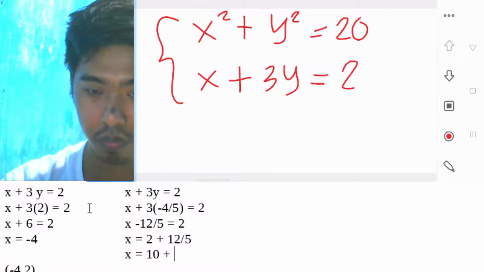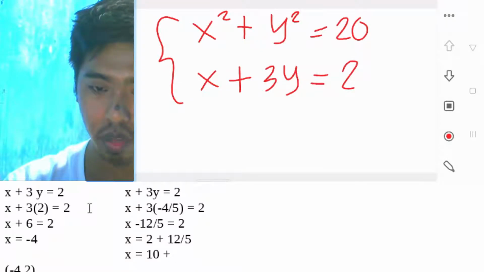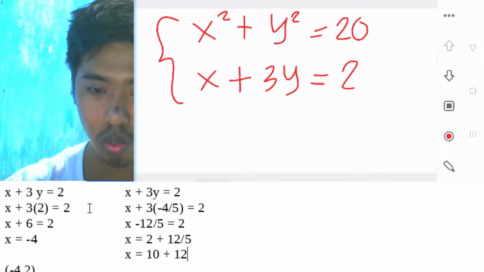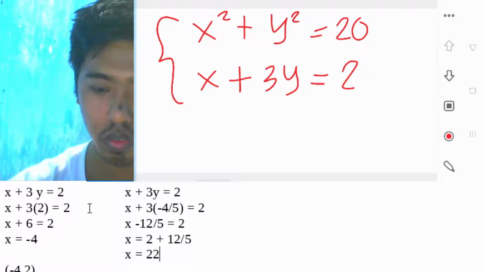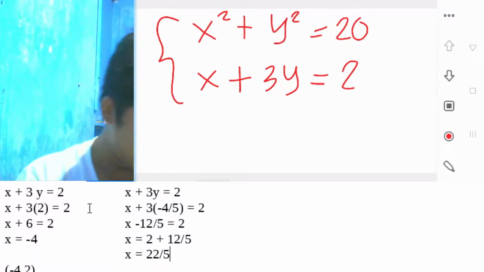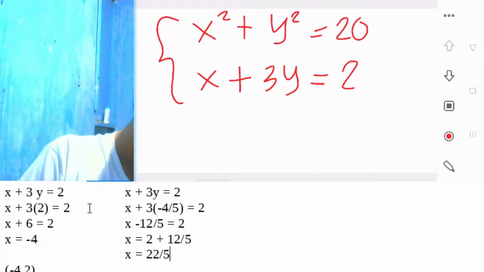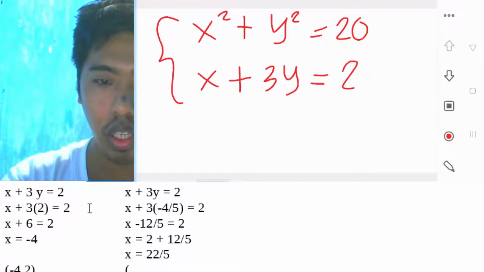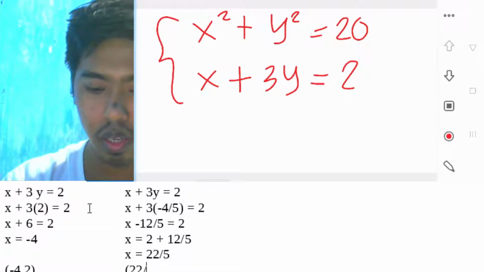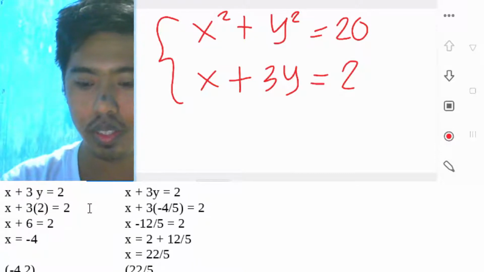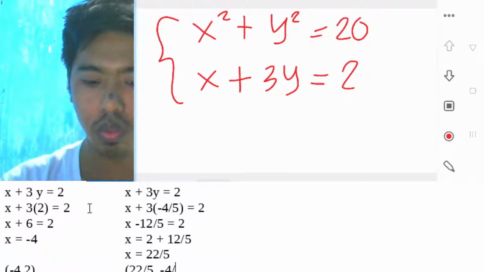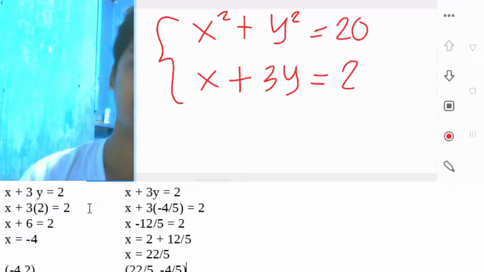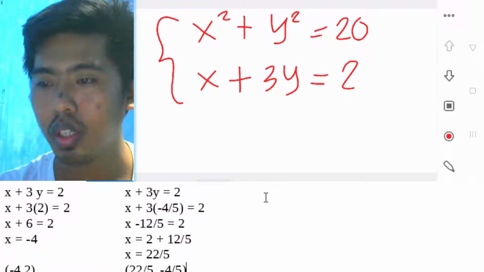Then 5 divided by 5, 1 times 12, 12. So this would be 22 over 5. Let me check. Yes, it's 22 over 5. So if x is 22 over 5, then y is negative 4 over 5. Okay, so those are your answers.